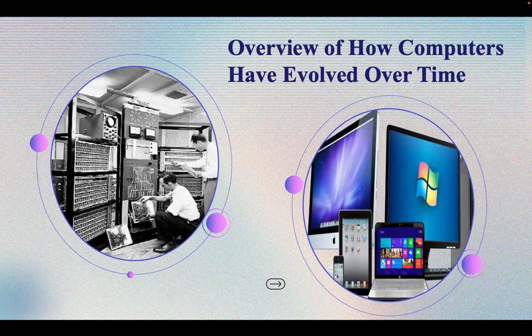When it started, it was a whole big system producing a lot of heat, and then as technology evolved, we now have what we have as computers. So let's look at this picture here. Computers were as huge as a whole room. And now look at what has become of computers.